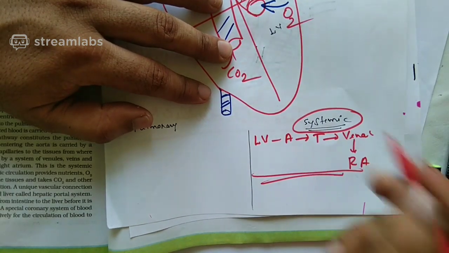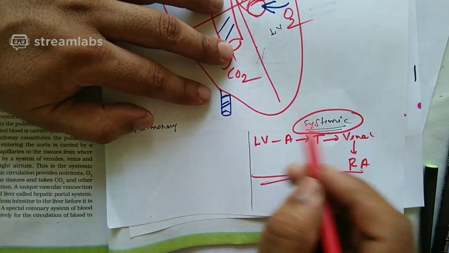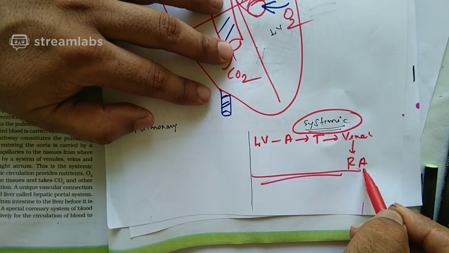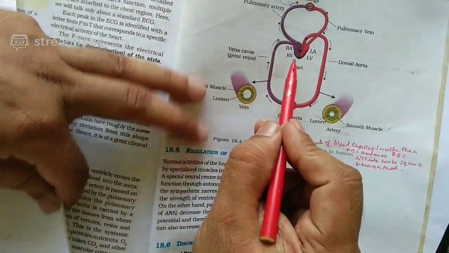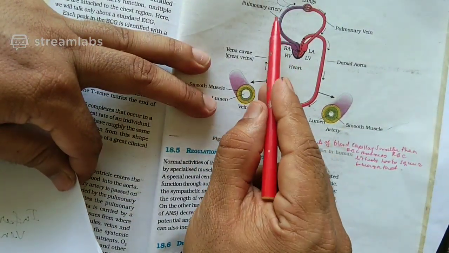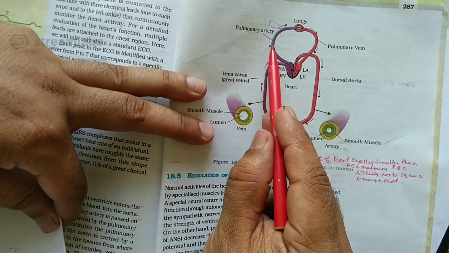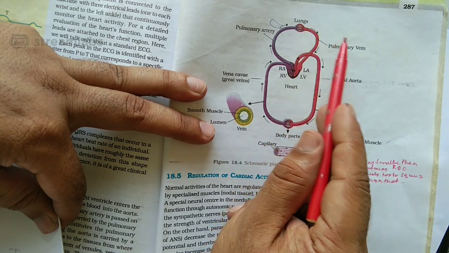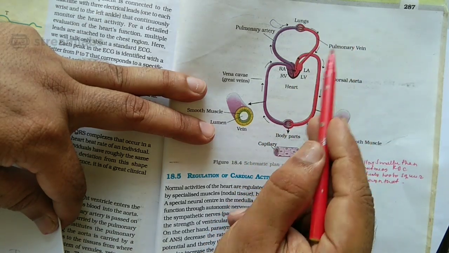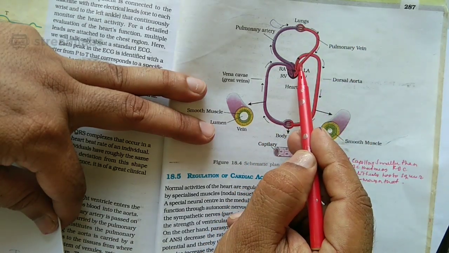This will be called as systemic circulation. Left ventricle to right atria is called systemic circulation. But if I come back once again here, see here, right ventricle to pulmonary artery, pulmonary artery to lungs, lungs to pulmonary vein to left atria.